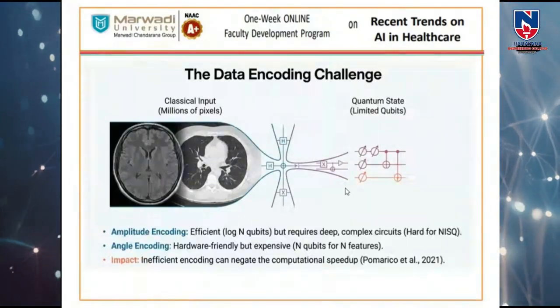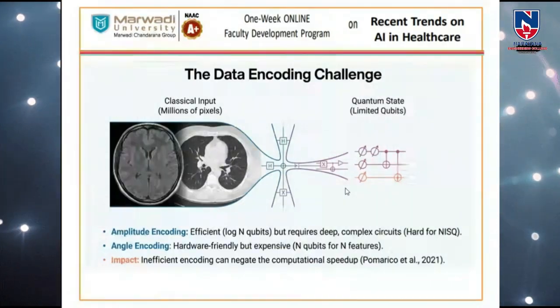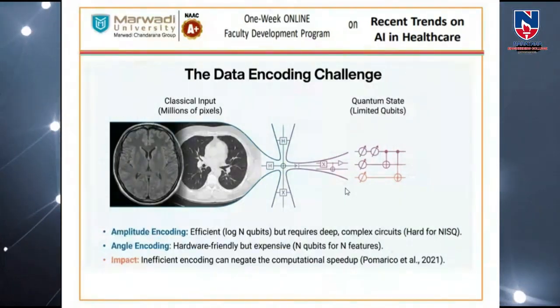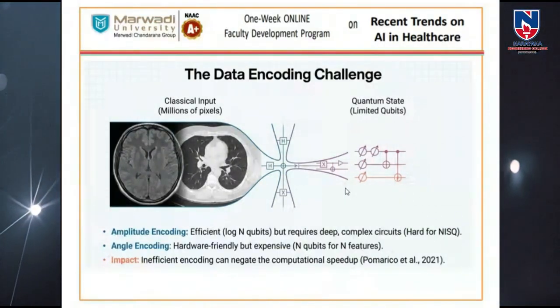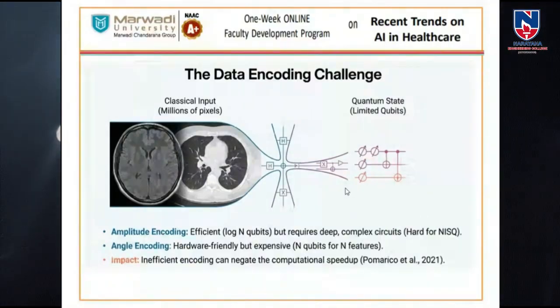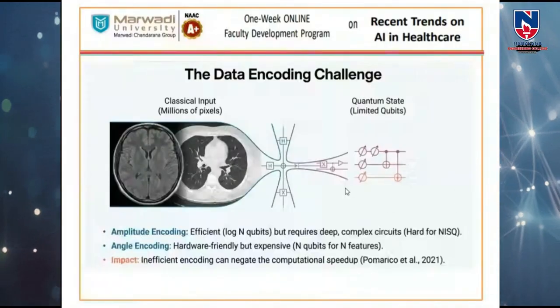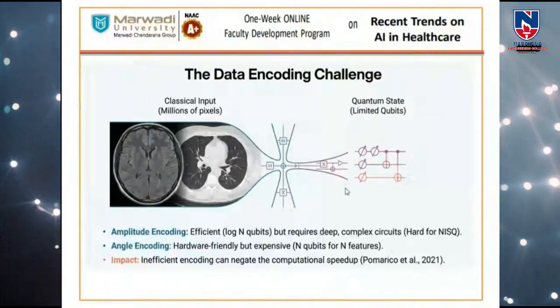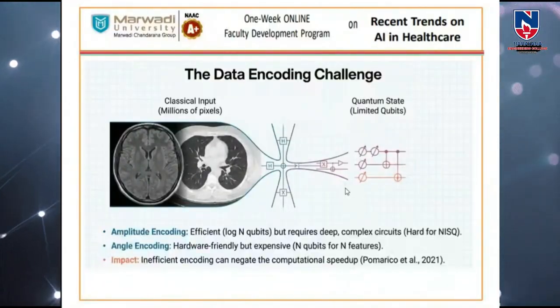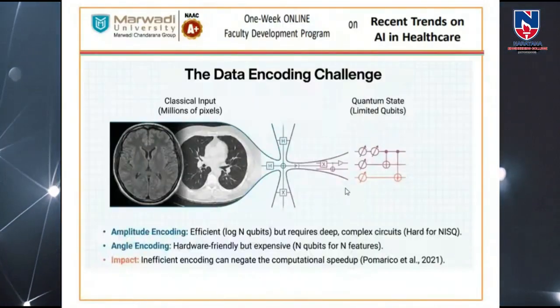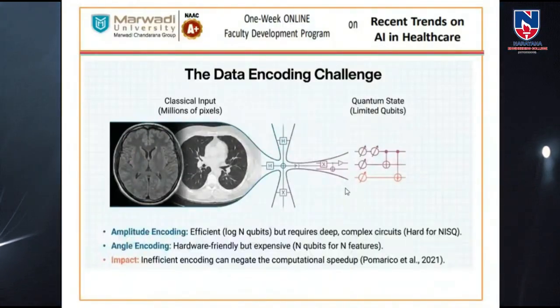In this scenario there are millions of pixels, and we are supposed to encode them with limited qubits, that's 4 or 48. This is one of the challenges. Data encoding is one of the key challenges.